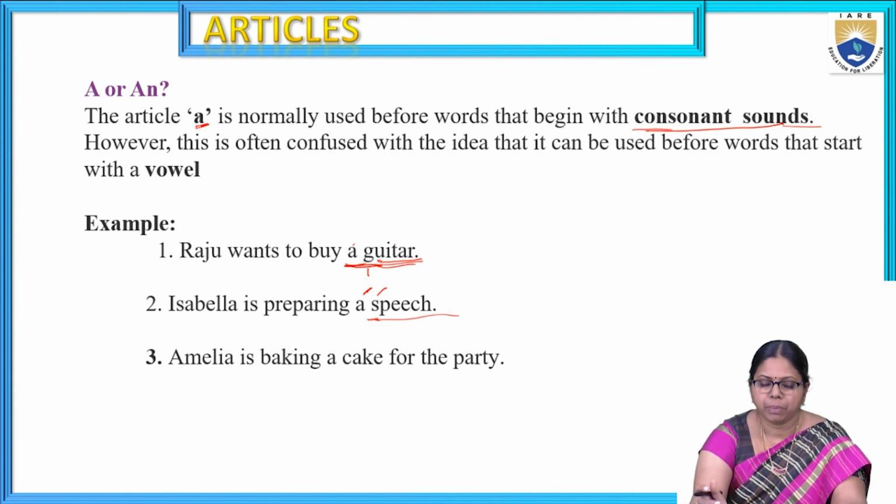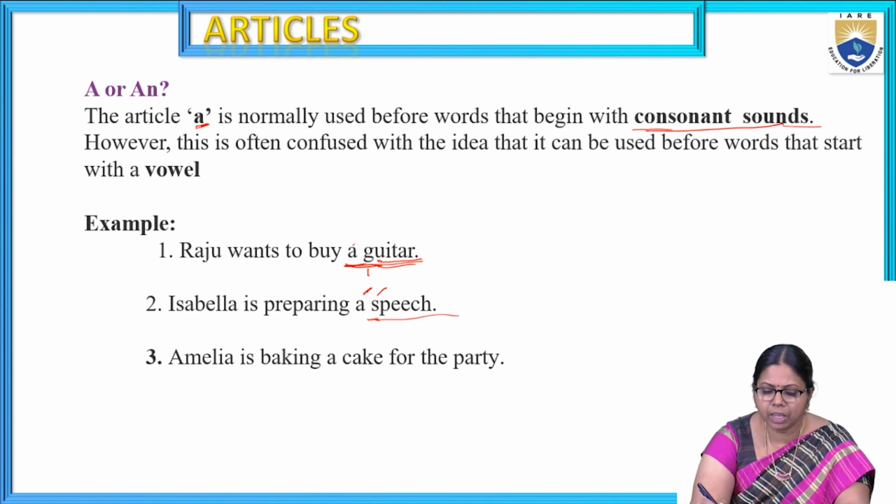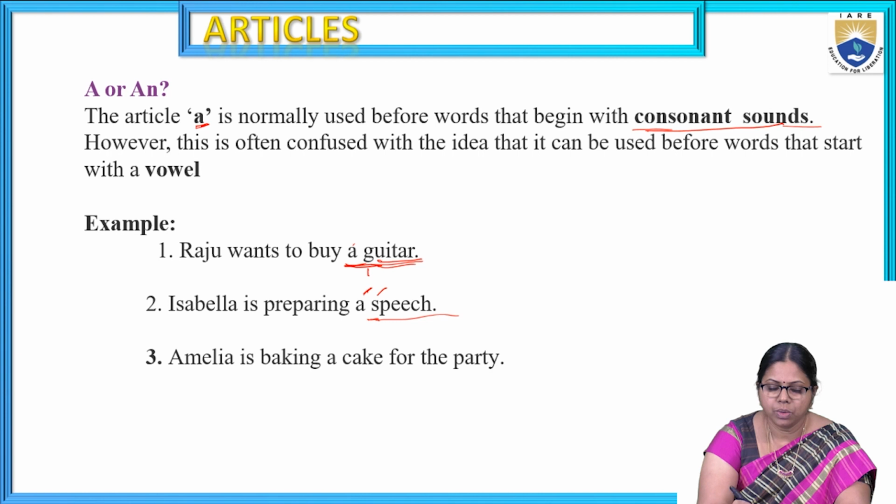One more example. Amelia is baking a cake for the party. So it's general. We are not specific about any particular cake. She's baking a cake for the party.